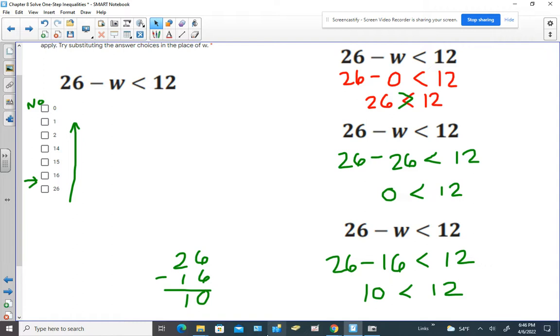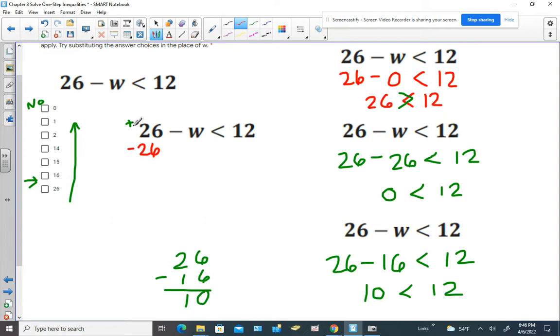Now, for those of you who are interested in how you would do this if you had to solve it, one of the things that you'll probably learn when you're in 7th or even 8th grade is that this is a positive 26, and if we're going to eliminate that from that side of the inequality, then we would apply the opposite operation, which is to subtract 26 or add negative 26, and that would cancel out.